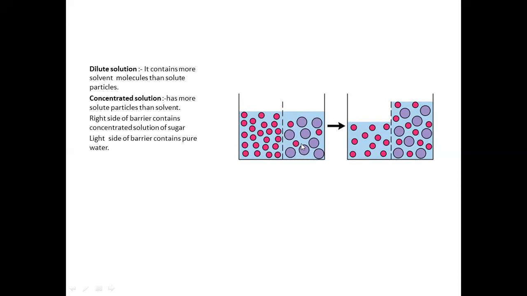These bigger purple circles represent sugar molecules. Smaller pink circles represent water molecules. And on the left side we have pure water, which only has water molecules represented by small pink circles. So due to osmosis, the water molecules start to move from a high concentration region to a low concentration region of water, and this process continues until the number of molecules in both regions becomes equal.